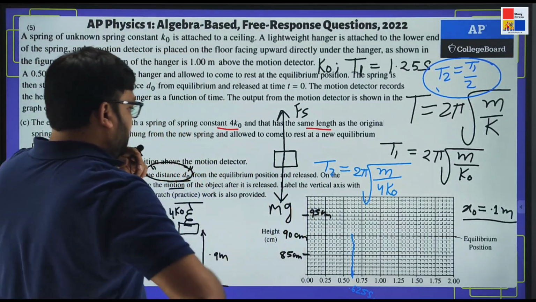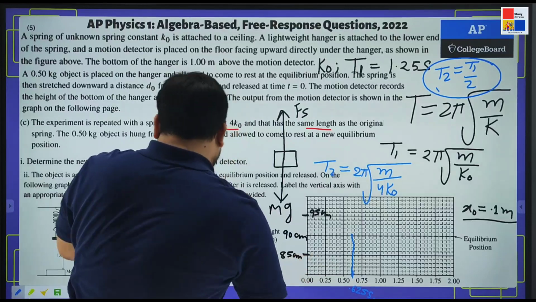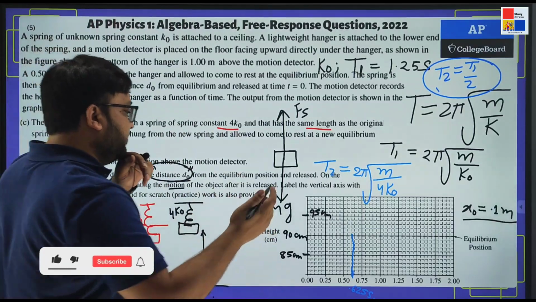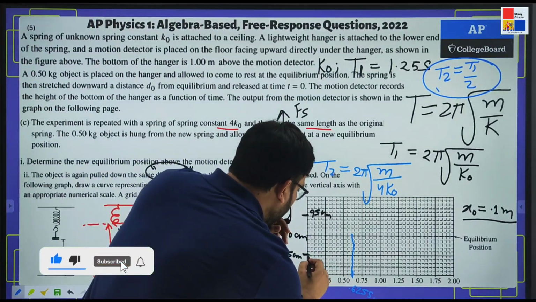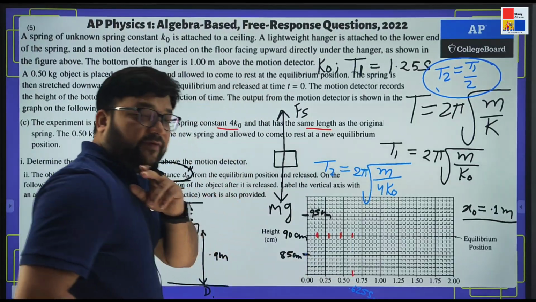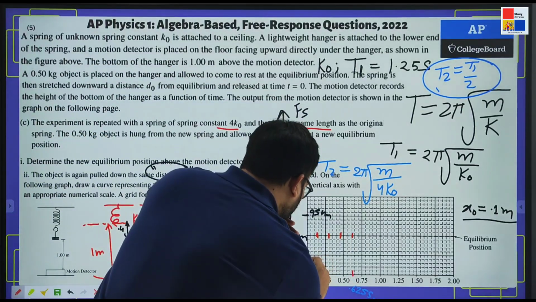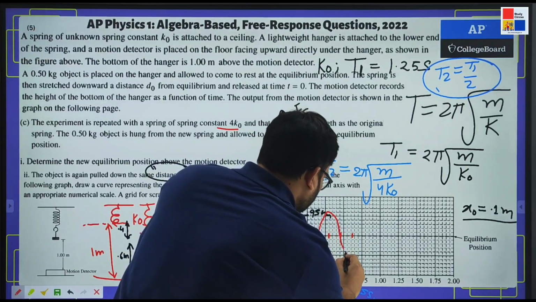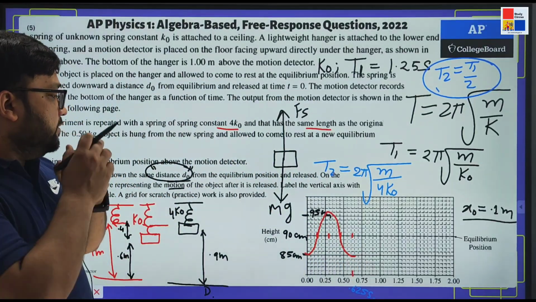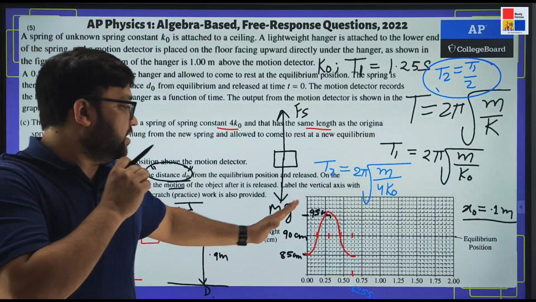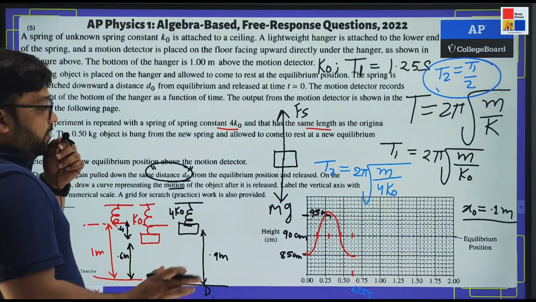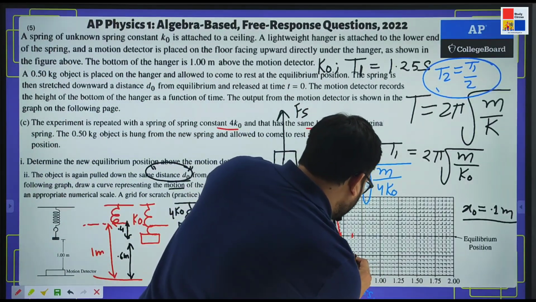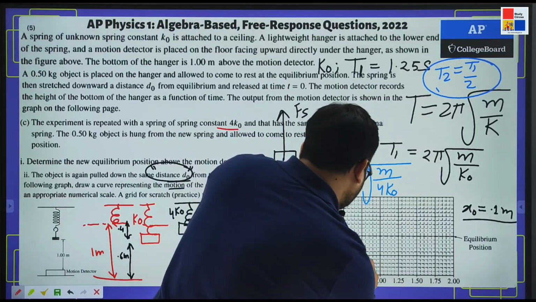It starts when the height is 85, being pulled down further by 5 centimeters. So it starts from here and completes the cycle. If I make the graph, you will see it like that. It completes one cycle in the time interval of 0.625 seconds, and the same will repeat.